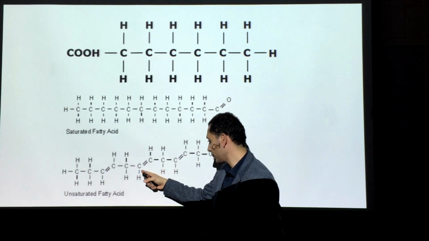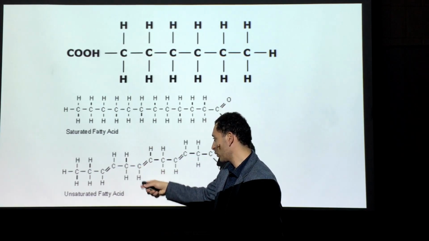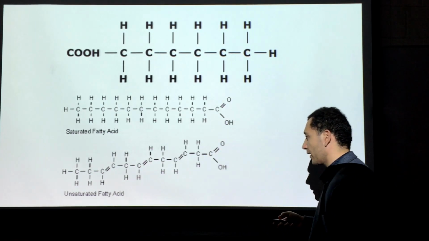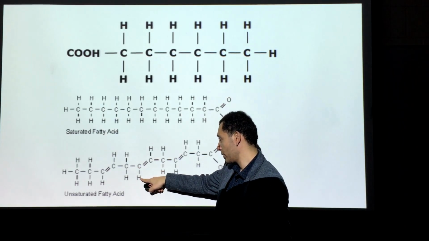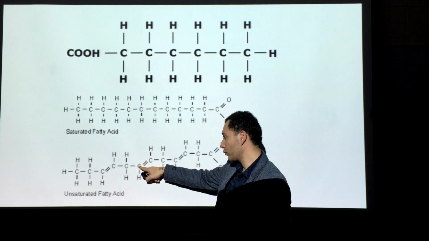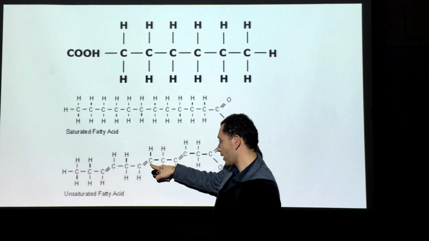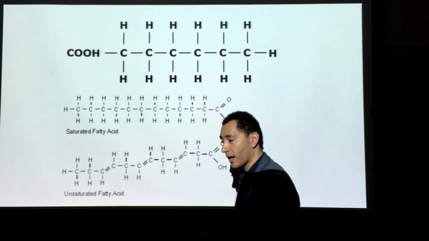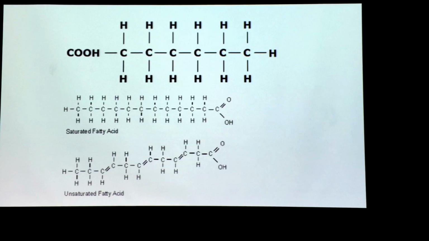But if you go over here and look at this carbon right here, this carbon actually only has one hydrogen attached to it. It has 4 bonds, but just one hydrogen. You could actually put one more in there. And this carbon here is attached to only one hydrogen. You can actually put another hydrogen. So in just this single double bond, you can hydrogenate it with 2 more hydrogens.